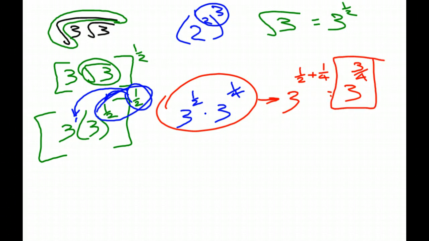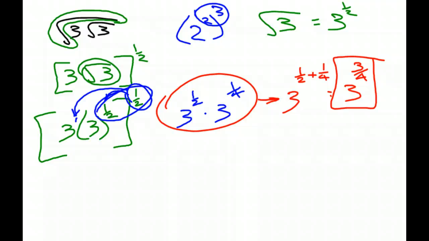Not 9. If we have 3 to the 3/4 power, where'd the other 3 go? It was assimilated, 3 times 3. So it's not 9 to the 3/4 power?